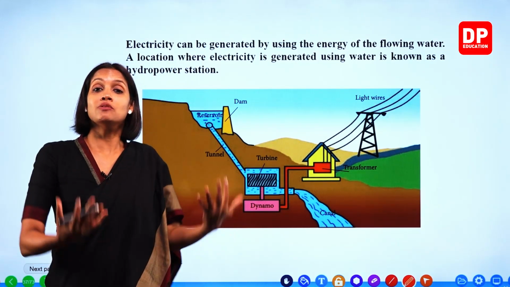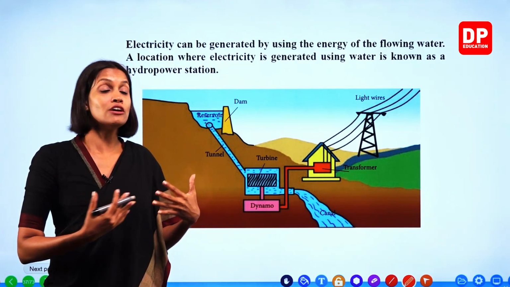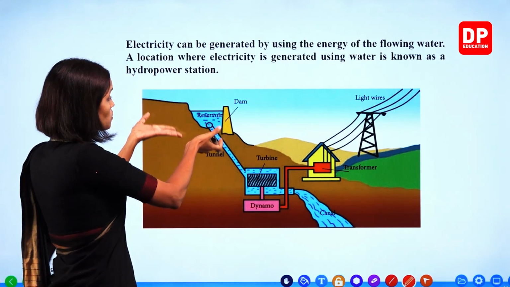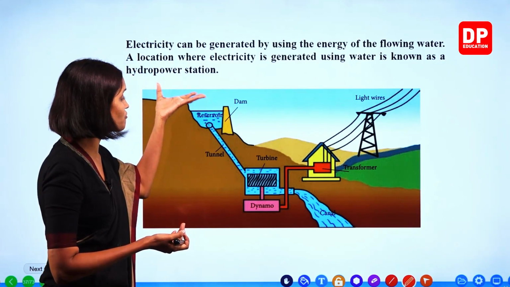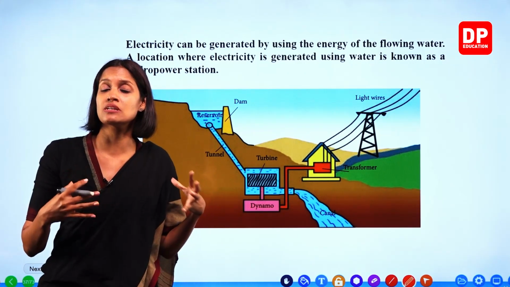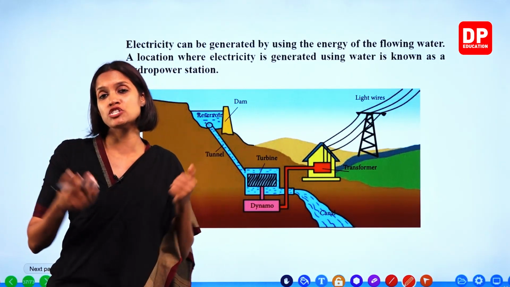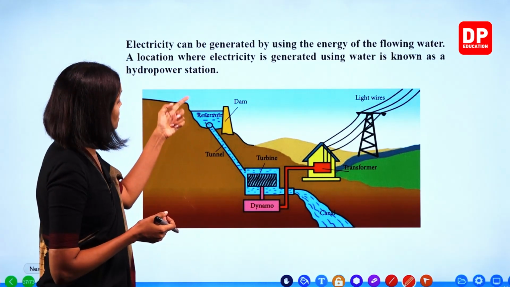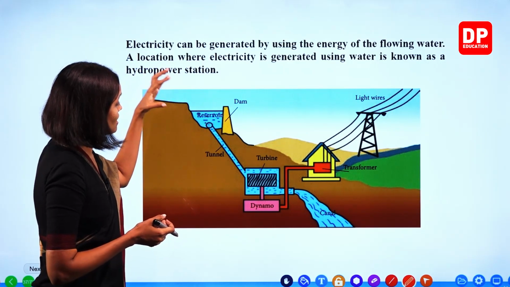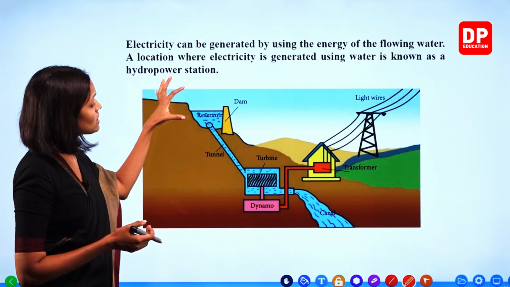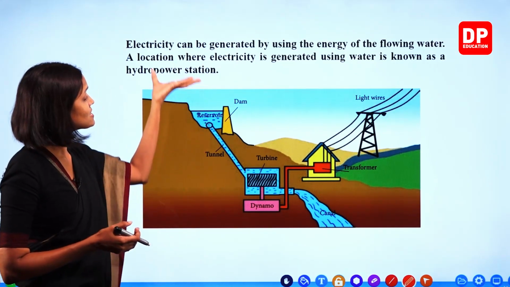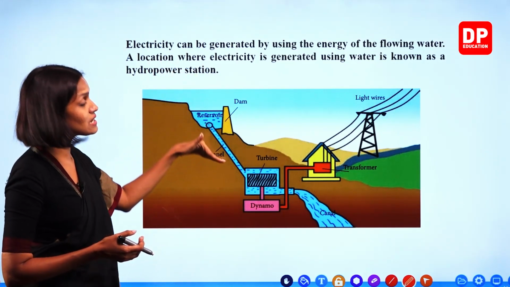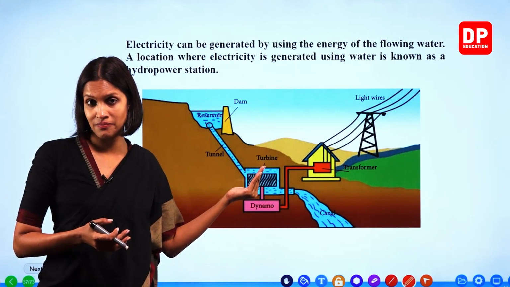To gain more kinetic energy, you have to store this water at a higher location. Because of its location, the water stores a type of energy called potential energy. So potential energy of water converts to kinetic energy of water. If more potential energy is present, the kinetic energy will also be high.